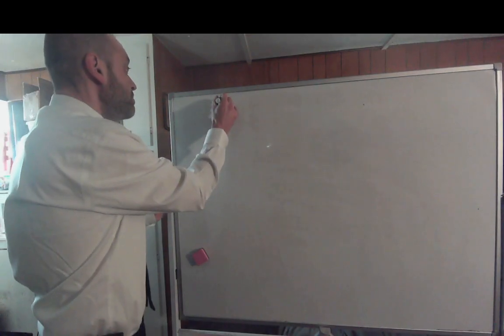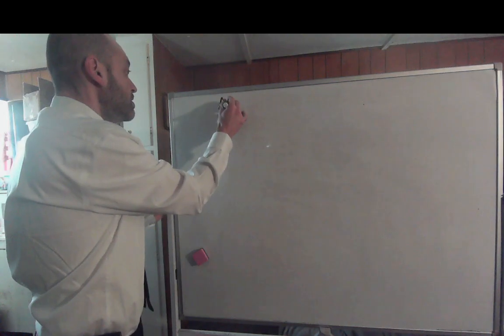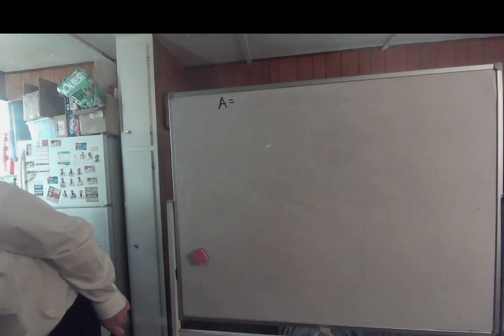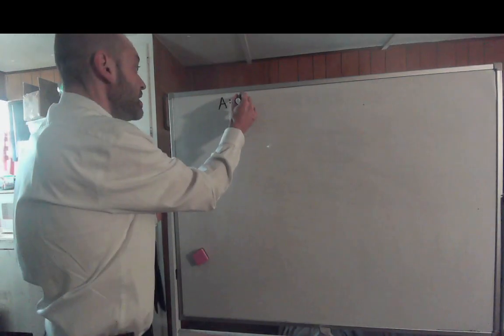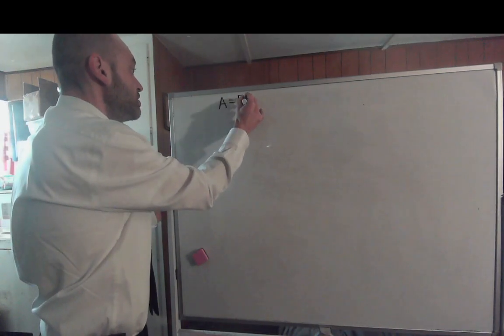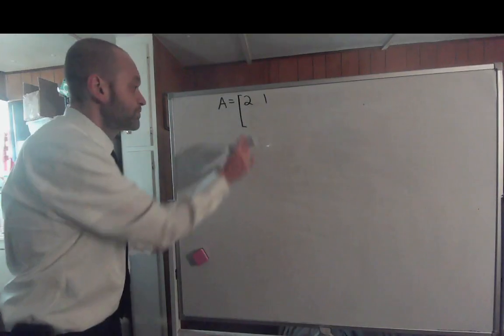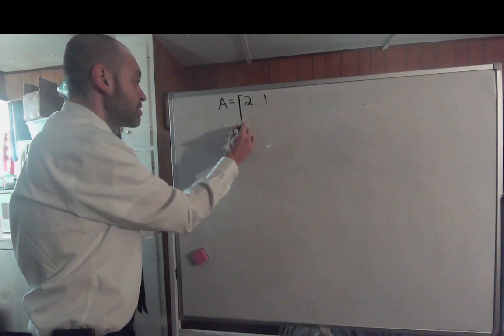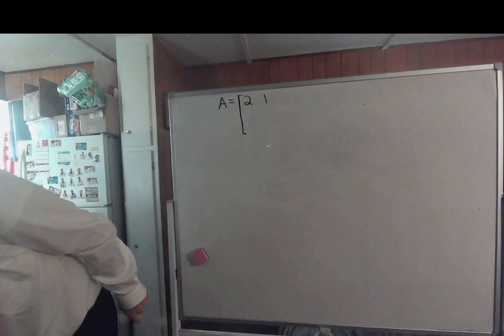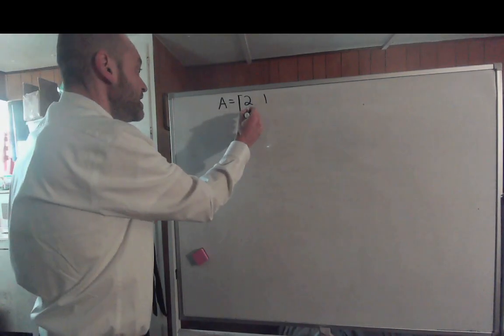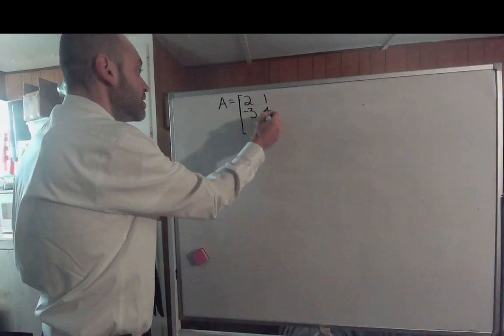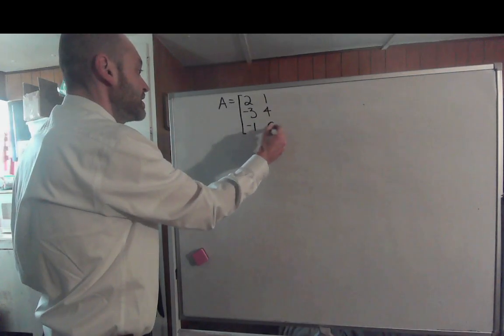Alright, so we have a matrix A, which is going to be entries 2, 1, negative 3, 4, negative 1, 6.